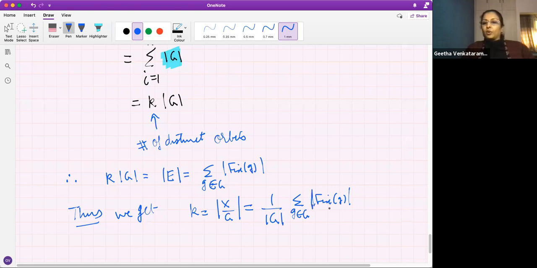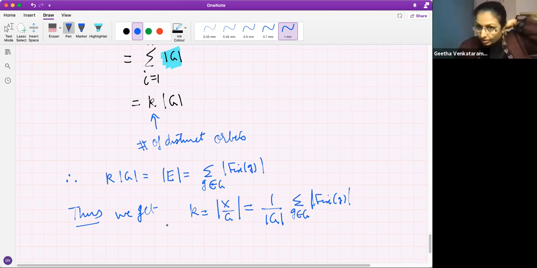Of course, it's possible that some of these order fix g's might just be 0. You'll see that later in the examples that we do. But what this is saying is for each little g in G, find this collection of fixed points, find their orders, add them all up and divide by the order of G, and that will give you the number of orbits.